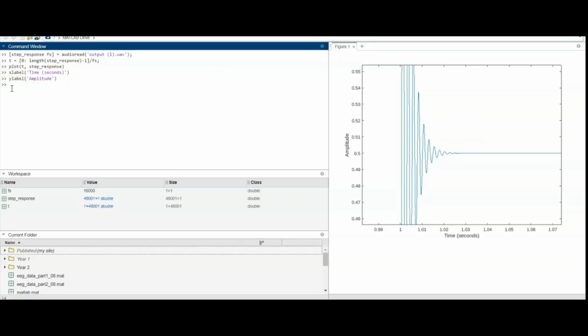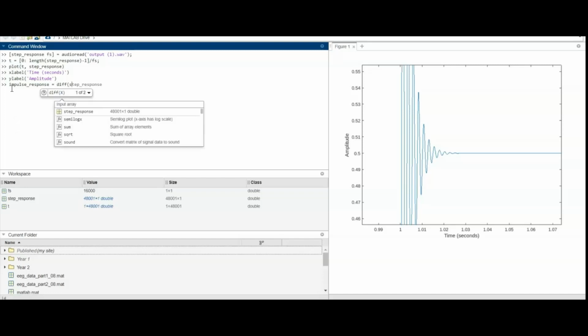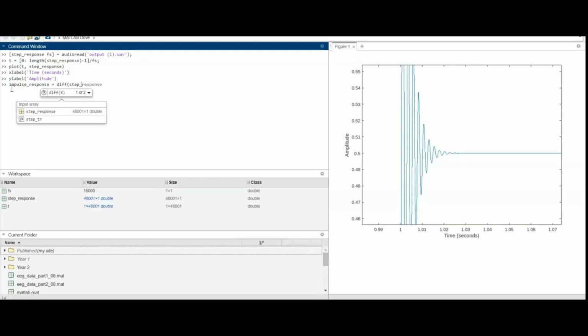From our step response, we can get our impulse response. We're going to call it impulse_response, and it's equal to the derivative of our step response, so we're going to differentiate step_response, and it gives us our impulse response. So from this we can find our frequency response.